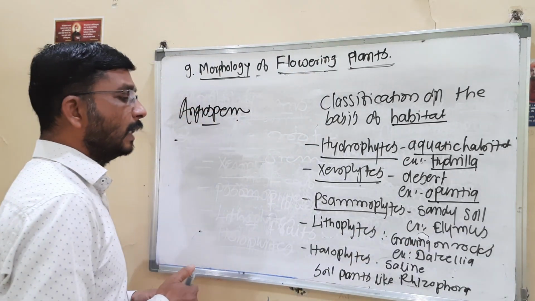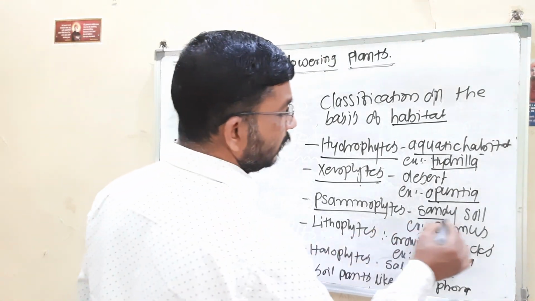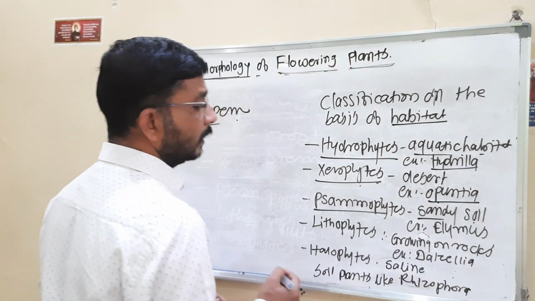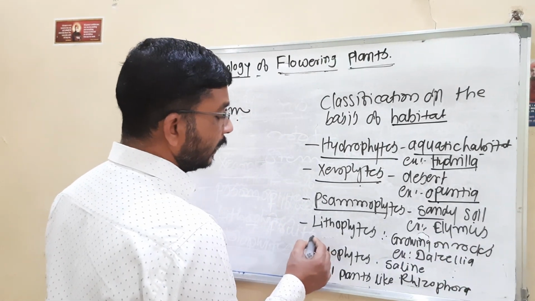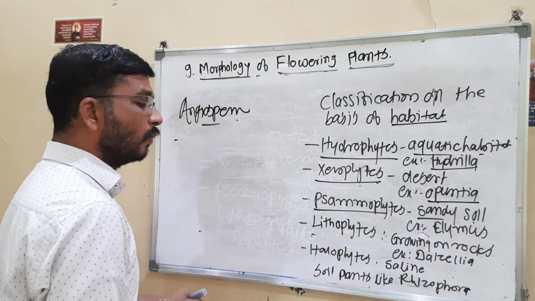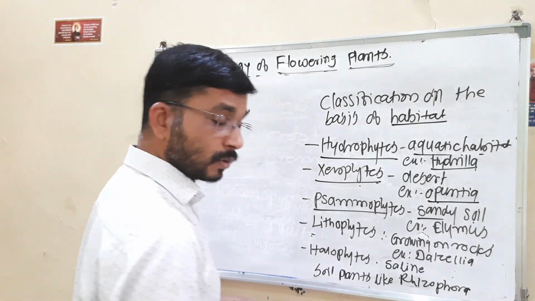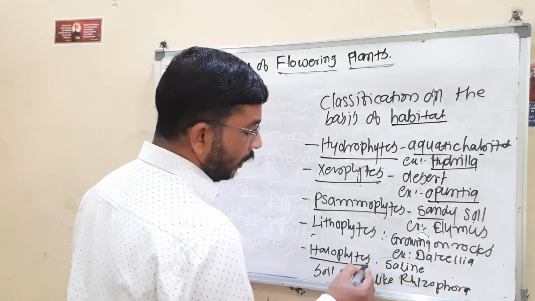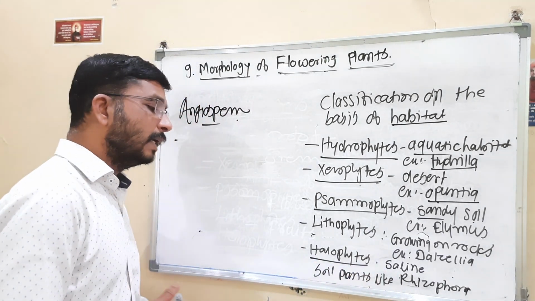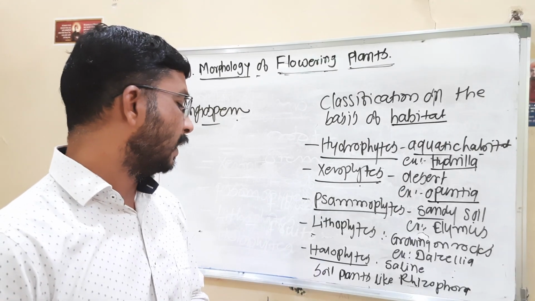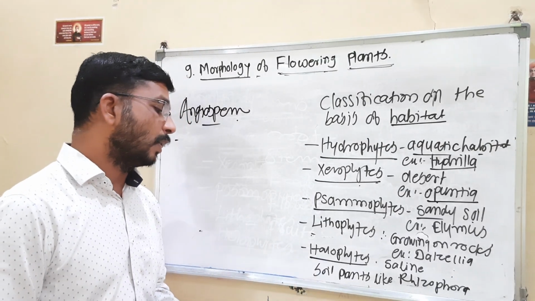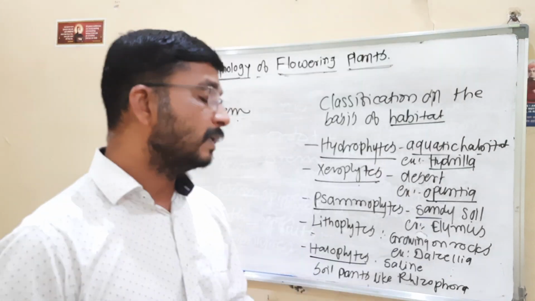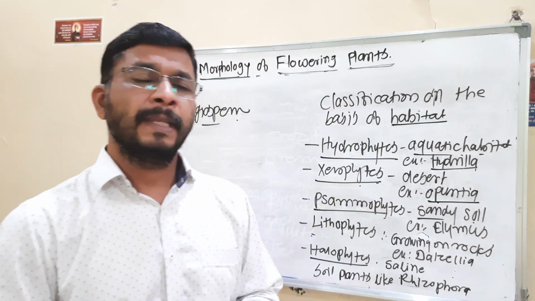Then psammophytes are found in sandy soil. The example is Eramus. Then lithophytes grow on a rock surface. The example is Deselia. Then halophytes are found in saline soil, plants like Rhizophora. They are found in saline water. What is saline water?